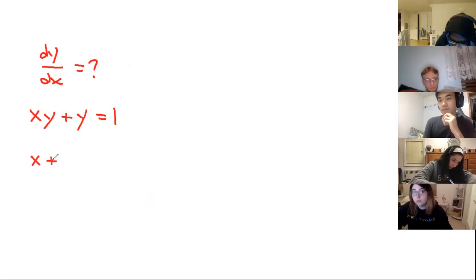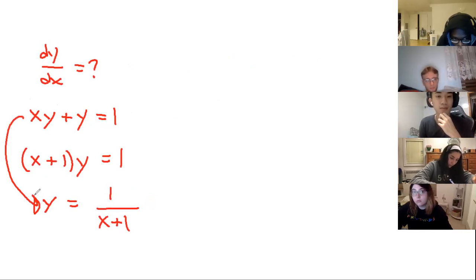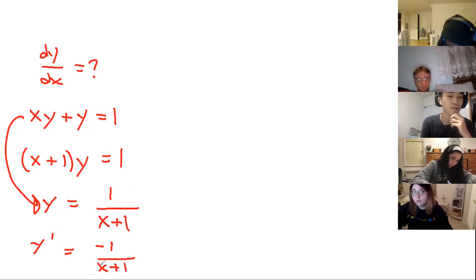I can say x plus 1 times y equals to 1. And so y actually equals to 1 over x plus 1. I actually go through the extra step of obtaining the formula. So there is a formula here in terms of x, and I can take the derivative y prime or dy dx. It's -1 over x plus 1 squared.